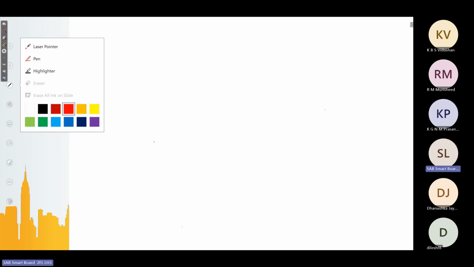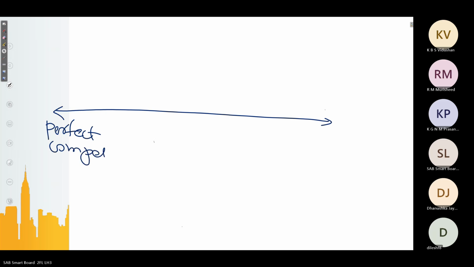If we put them on a horizontal line, on one extreme we have perfect competition, on the other extreme we have monopoly, and in between these two extremes we have oligopoly and monopolistic competition.